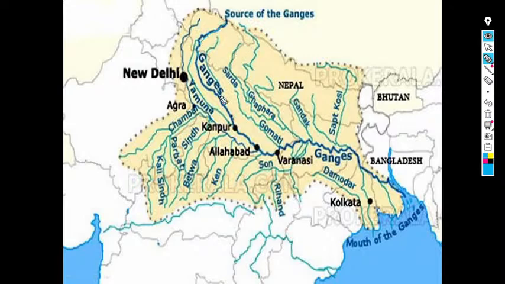See, the Ganga source is here, Yamuna is here, Chambal, Parvati, Kalisindh, Betwa, Ken, Son. See here, Ghagra. This river comes and connects at Ghagra. This is Sarayu, this is Gandaki.